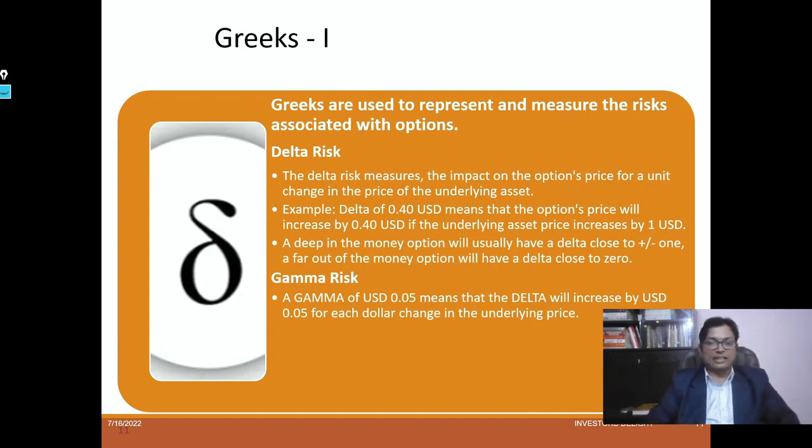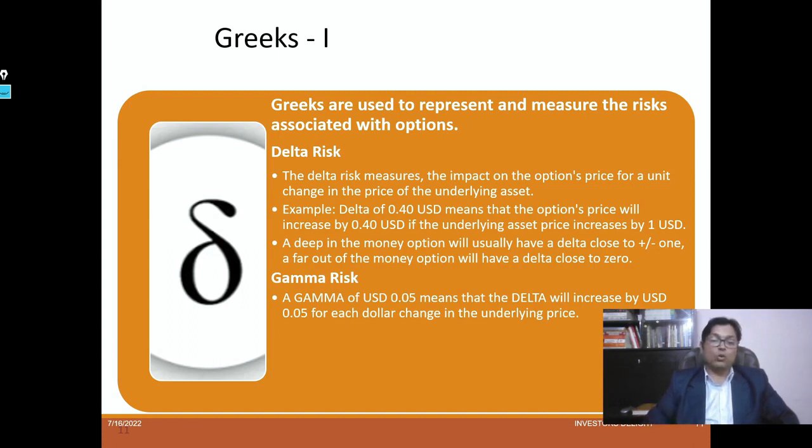Delta is the risk measure that impacts the option's price for a unit change in the price of the underlying asset. For example, a delta of 0.4 USD means that the option's price will increase by 0.40 USD if the underlying asset price increases by 1 USD. A deep in the money option will usually have a delta close to plus or minus 1.